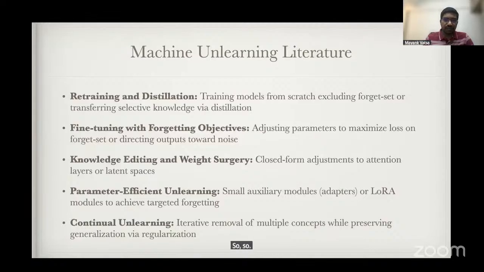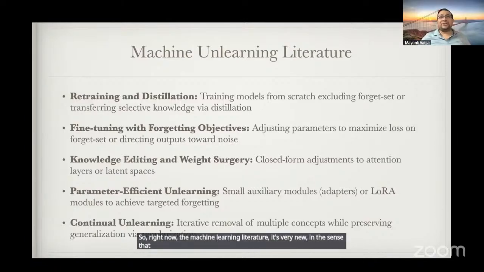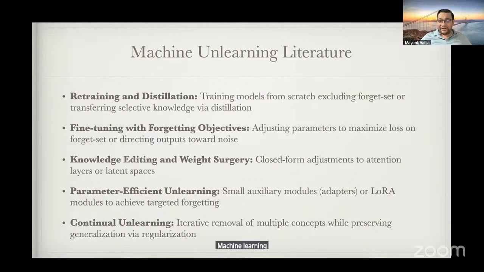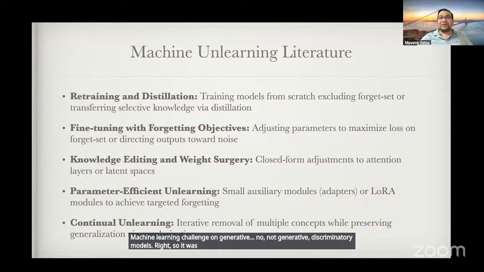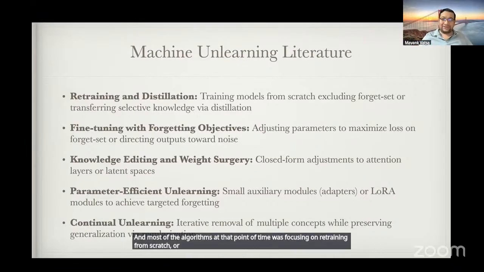Right now the machine unlearning literature is very new. NeurIPS 2023 had the first machine unlearning challenge, on discriminative models, not generative. So it was essentially in the discriminative space, how to forget a particular class. Most of the algorithms at that point of time focused on retraining from scratch or knowledge distillation, like when you are distilling knowledge from a large model to a small model, you leave out a particular concept or class, and then only the remaining concepts are distilled.